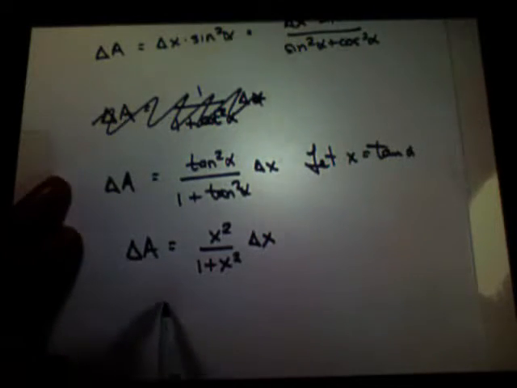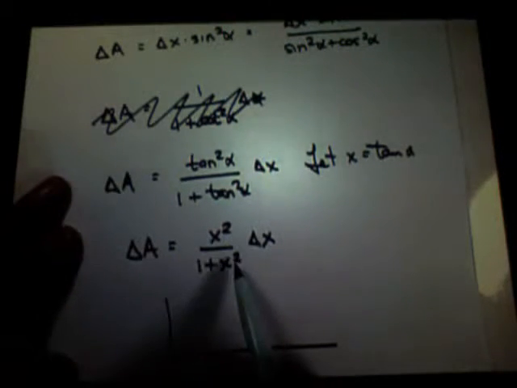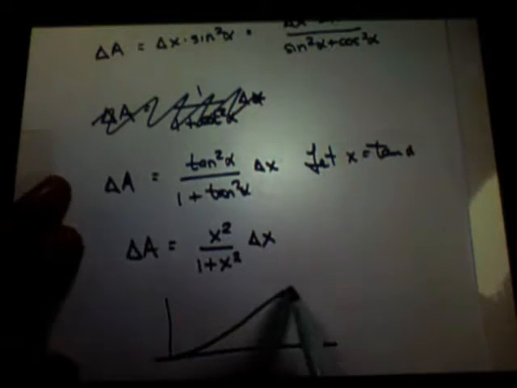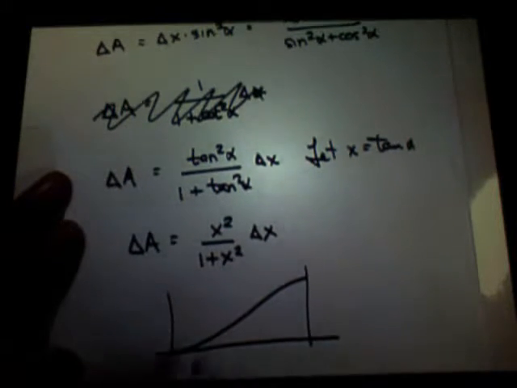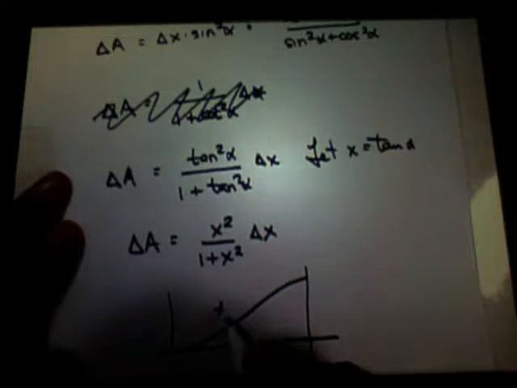So if we integrate this function, if you graph it, when x is 0, it's 0, when x is 1, it's a half. And it kind of goes like this. So we would like to go from 0 to 1 with this function.